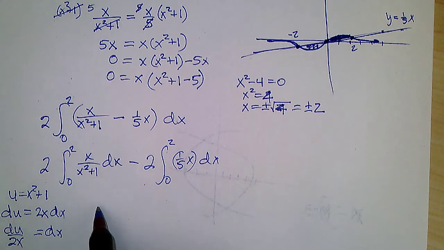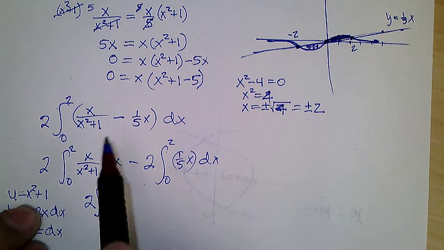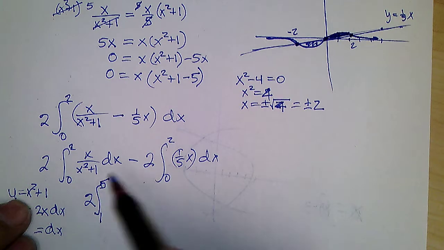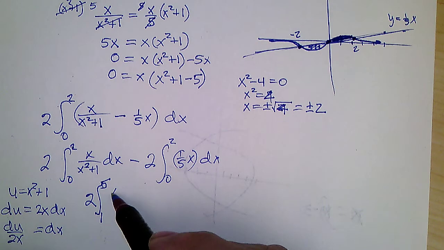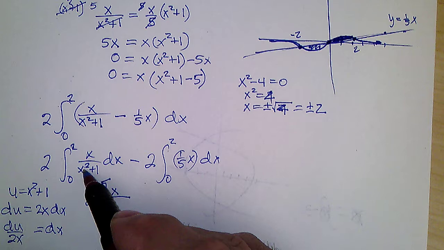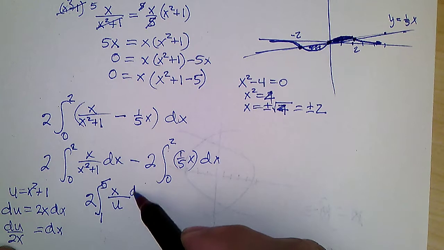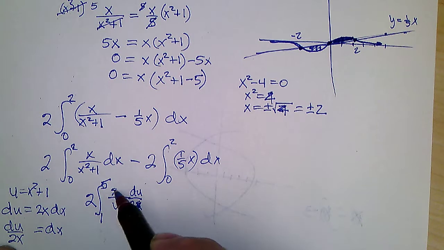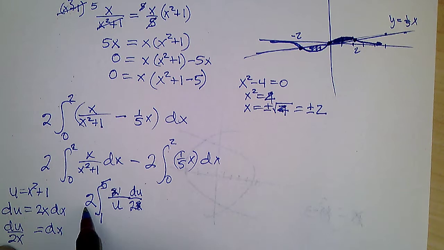So I would have, for this first one, 2 integral, I'm changing to u, so 0 squared plus 1 is 1. 2 squared is 4 plus 1 is 5, of x over u. dx is du over 2x. The x is canceled, and I can integrate that pretty easily. The 2 can come out.